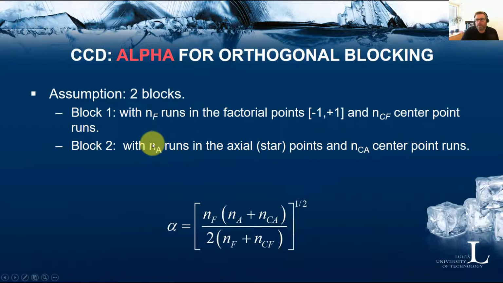And in the second block, we have NA runs in the axial or star points and NCA center point runs. And if we pick the alpha value based on this expression where we have NF, NA, NCA, NCF, and so on, and we calculate what alpha is, we pick that alpha value, then we make sure that the central composite design blocks orthogonally. So as you can see, the alpha value in the CCD design is an important design parameter for the CCD.